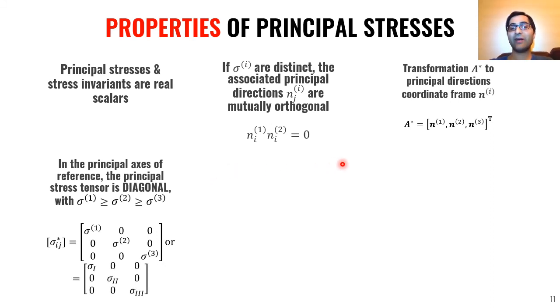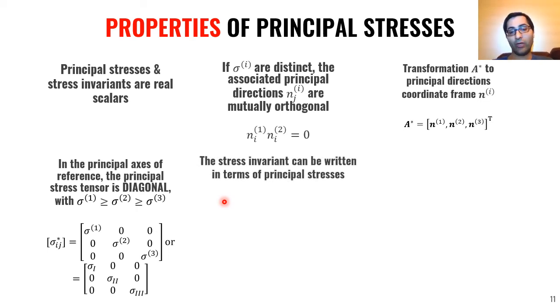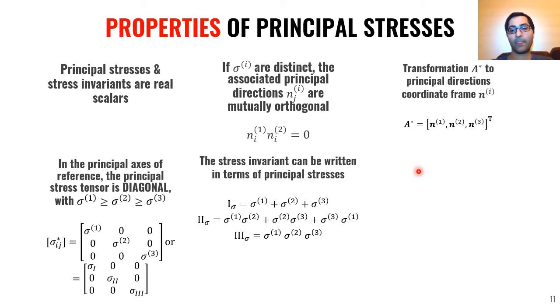The stress invariants can be written in terms of principal stresses. The trace is obvious for the first invariant. The second invariant is simplified to sigma 1 sigma 2 plus sigma 2 sigma 3 plus sigma 3 sigma 1. And the third invariant, the determinant, is simplified to sigma 1 sigma 2 sigma 3.